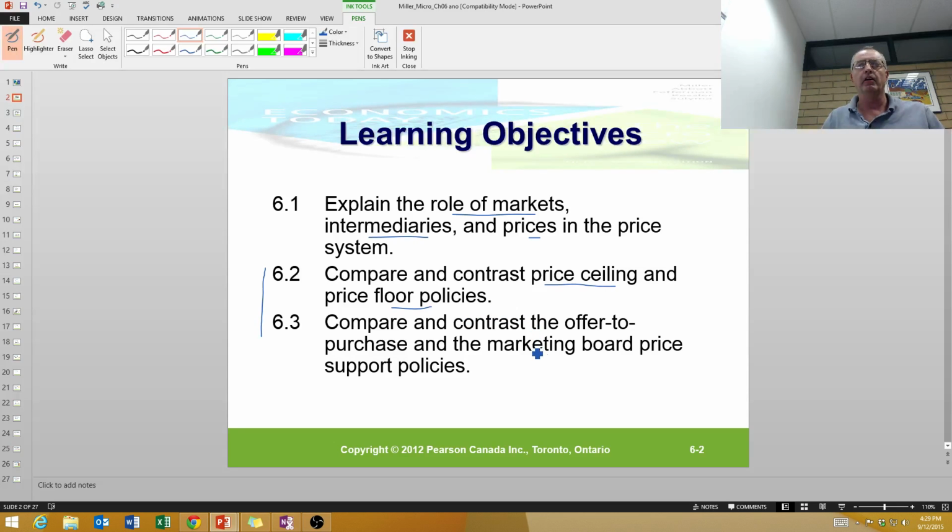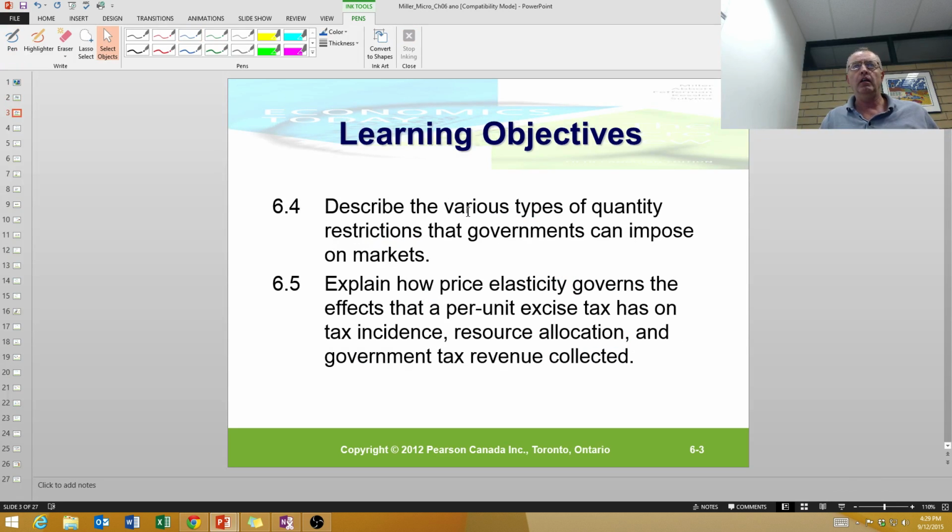We have so-called offer to purchase policies and marketing board policies. Okay, and as much as we are a capitalist society, not everything is for sale in our economy. The government has mechanisms for restricting the sale of certain kinds of products. So we look at some of these.